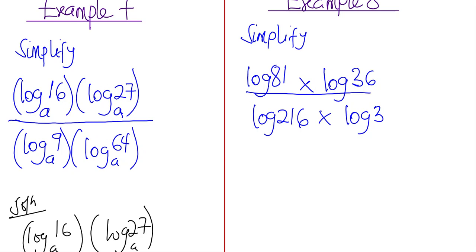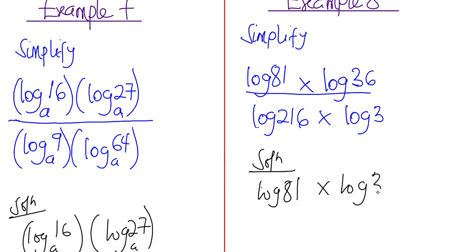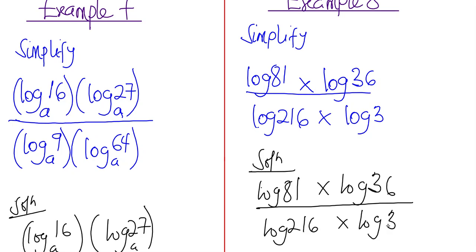Now, remember we have our question as the logarithm of 81 multiplied by the logarithm of 36, not forgetting that they all have the same base of 10, divided by the logarithm of 216 multiplied by the logarithm of 3.